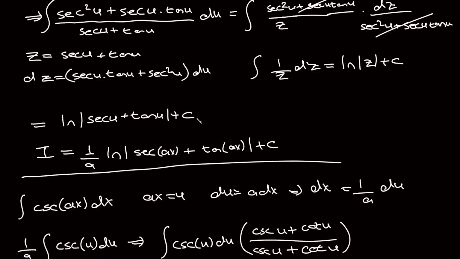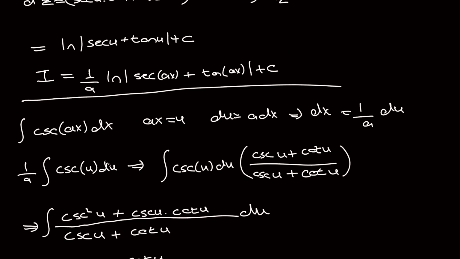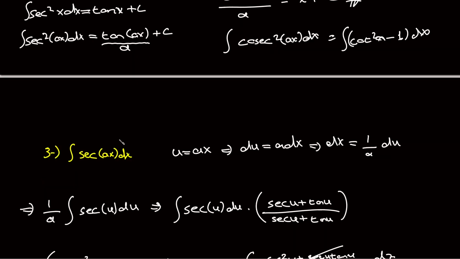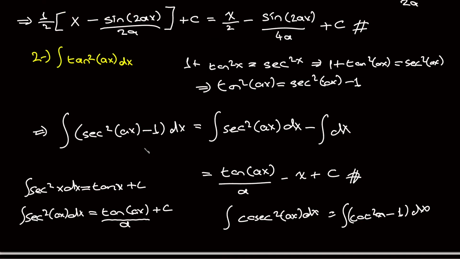As I said, it's the same solution with the secant of x or ax, doesn't really matter. The reason I added these a's is because I wanted to show you can use this method for any real number. You don't need to integrate secant 2x, secant 3x, secant of 4x separately. You can just do it for any real number.